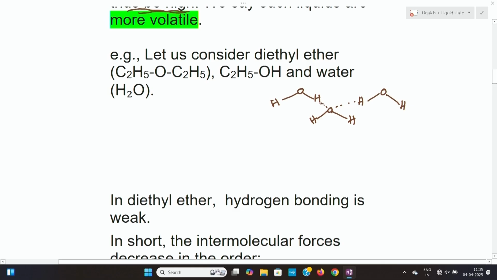We saw this in the last class, we will see it here once again. Here we have ethanol. Here we have our diethyl ether.